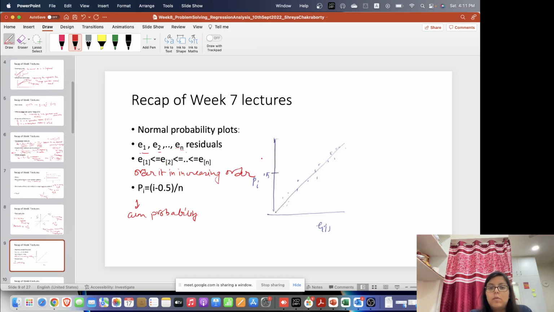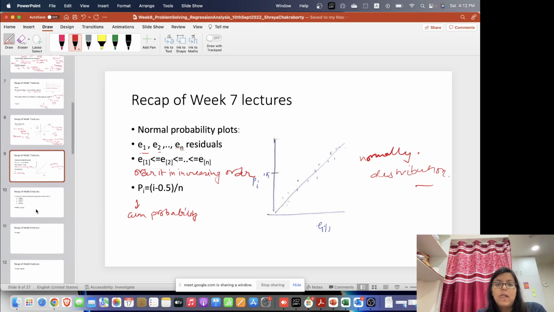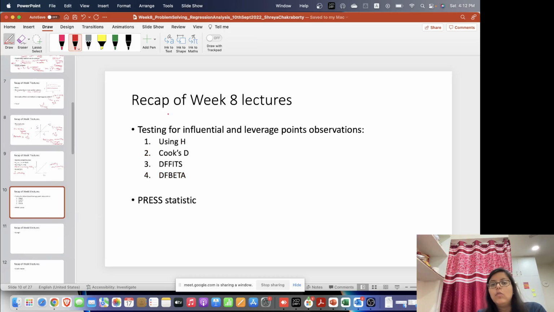We plot the cumulative probabilities against the residuals, and if they fall in a straight line, then we conclude that the residuals are normally distributed. So in order to test this assumption, we plot the normal probability plots, and then we moved on to the week 8 lectures.